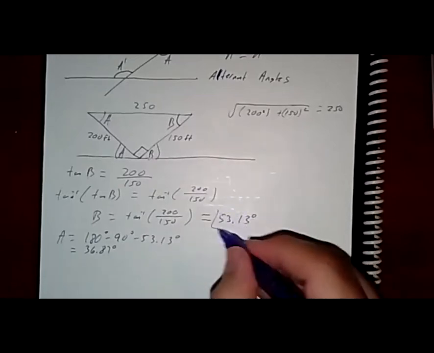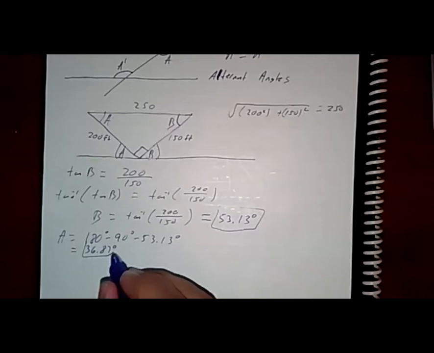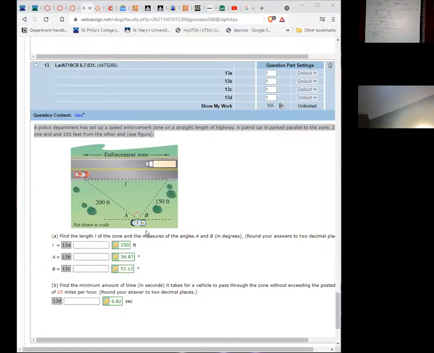Yeah, that looks okay. So we got B and we got A. So solving for those got me the missing pieces. So the length L is no big deal. That's just A squared plus B squared. That's why we get 250.